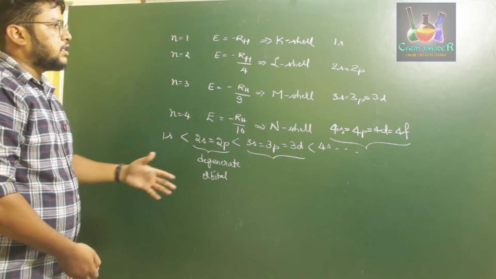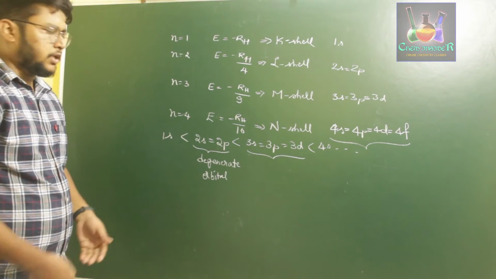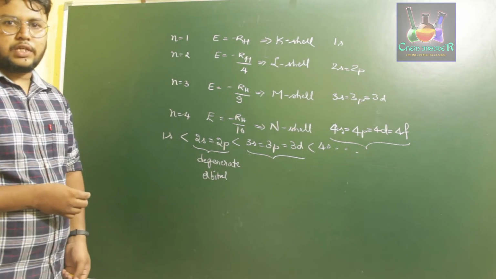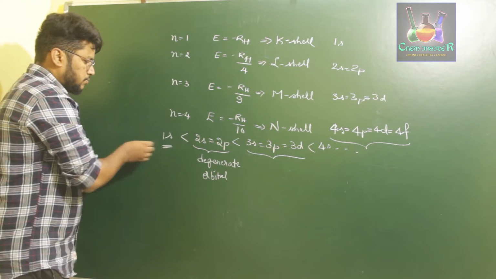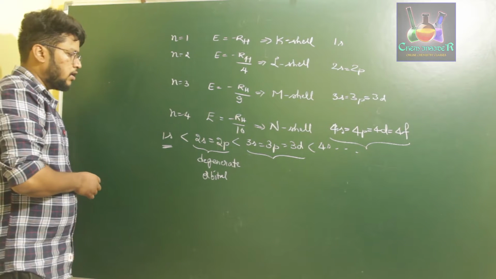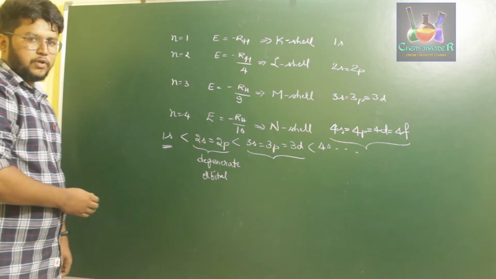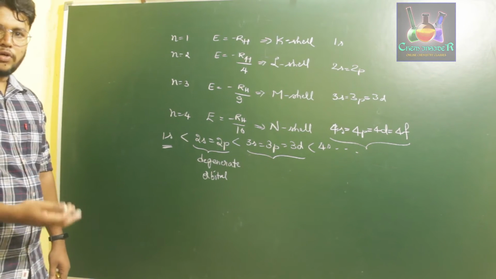If you consider this relation of energies in increasing order, what you can say is that the basic 1s orbital of hydrogen is found in each and every element of multi-electron atoms also.